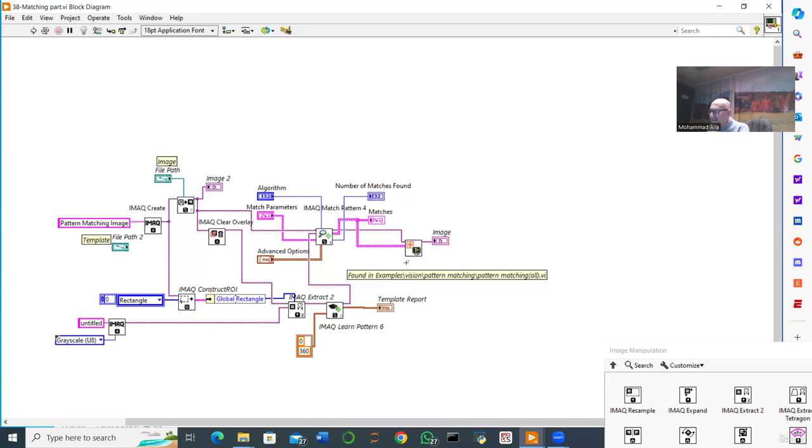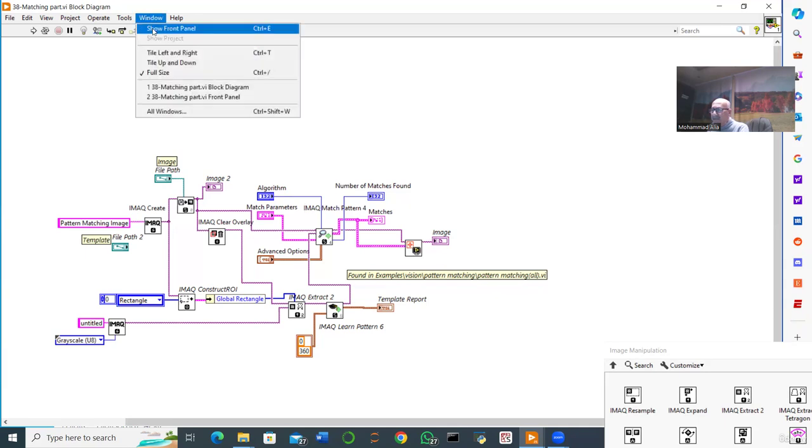The last element here is a specific sub-VI, which is used in order to surround the matching parts by a square to show you which parts are matching the template.